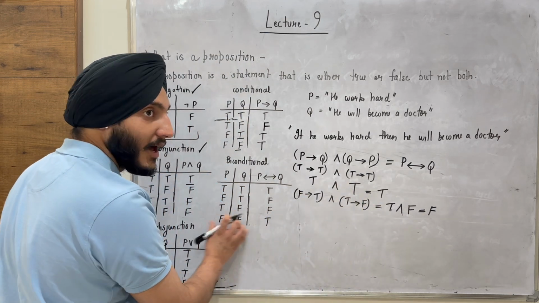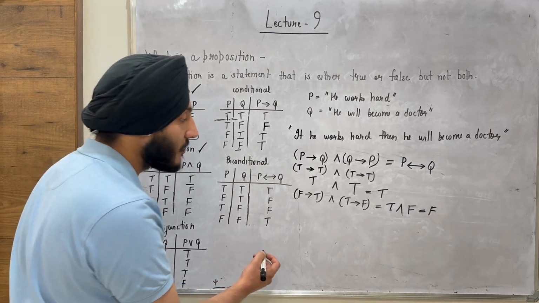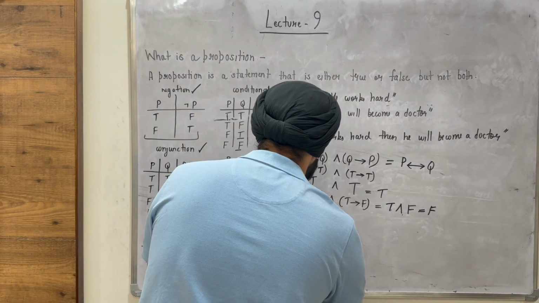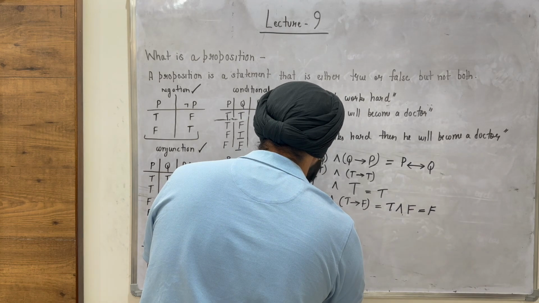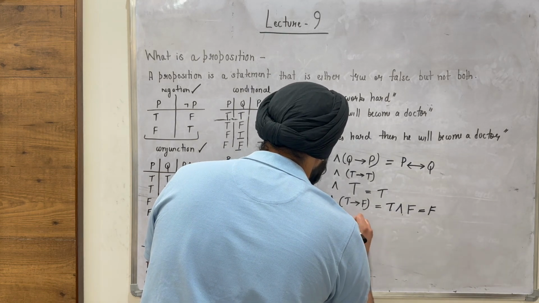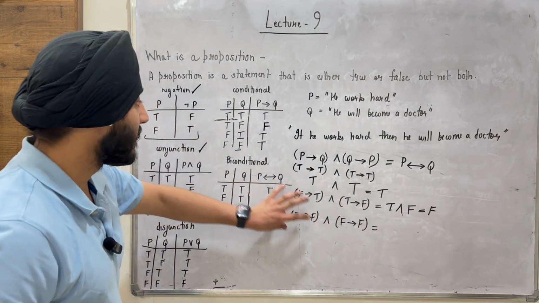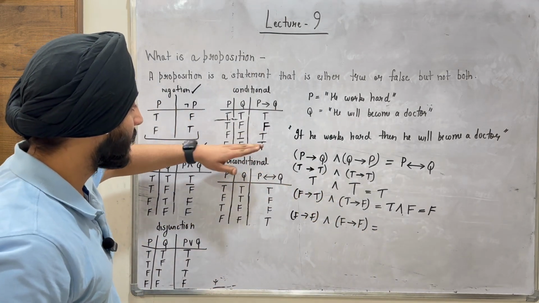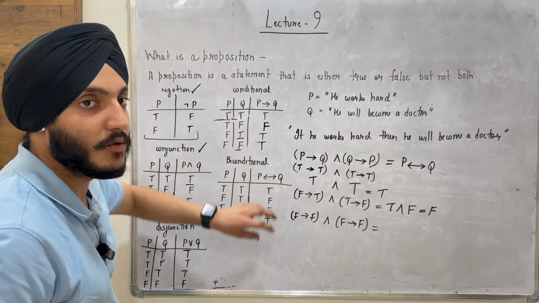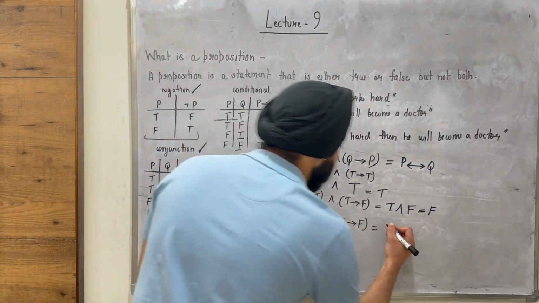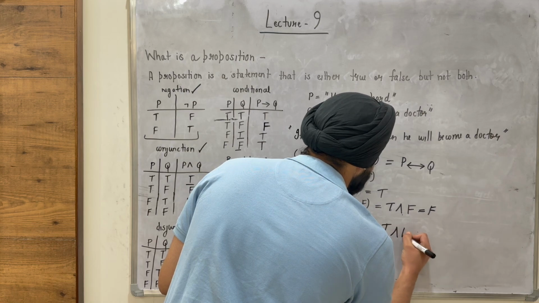But now let's look at the last case, when both the conditions are false, right? So when both the conditions are false, I get false to false and false to false, right? Okay, let's take a look at this table over here. When I have false and false, then the entire condition itself is going to be true. So this entire condition is going to be true and true.